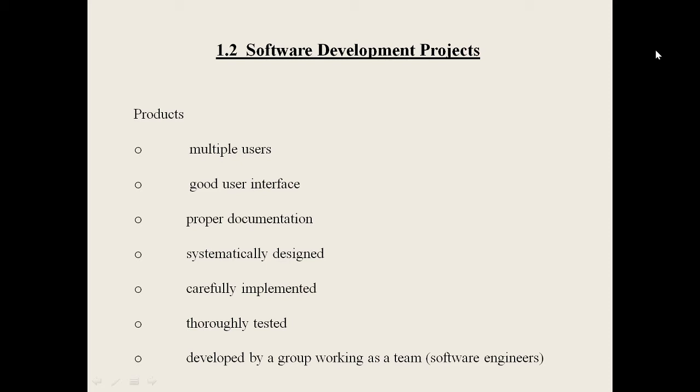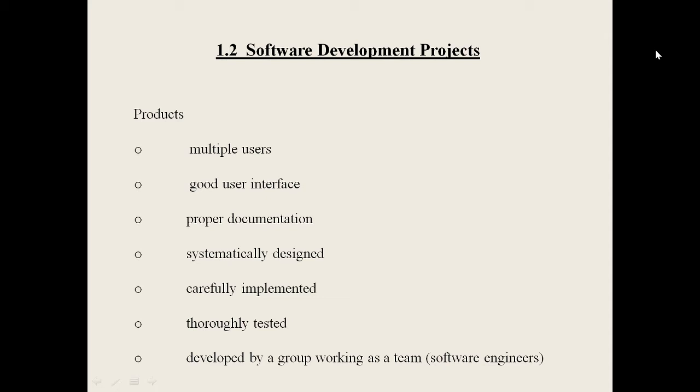If it is developed by a single person, it would lack in its perfection, and it would lack in its specifications. So in that case, we consider it as a program. If it is developed by a single user or a single programmer, it is termed as a program.